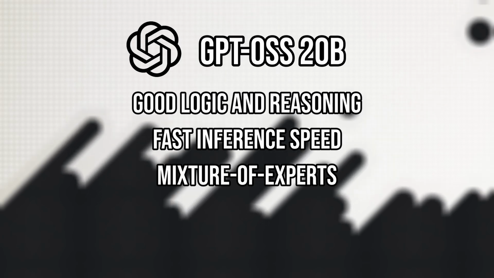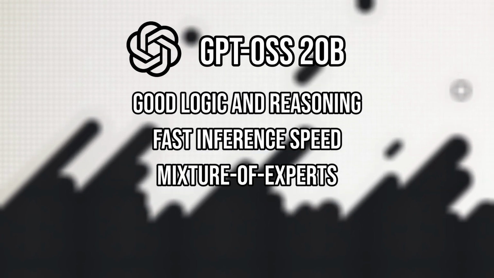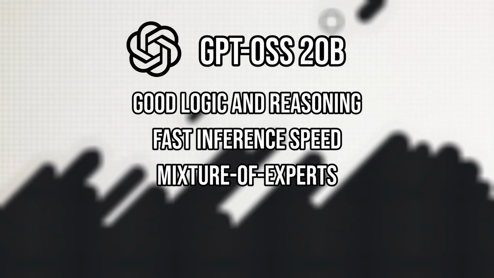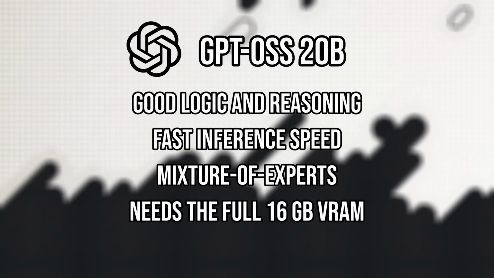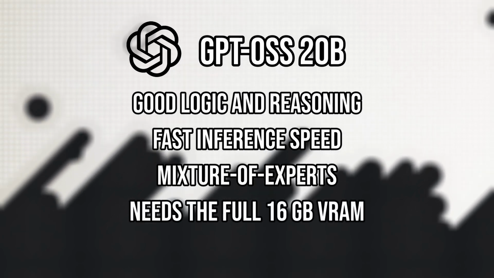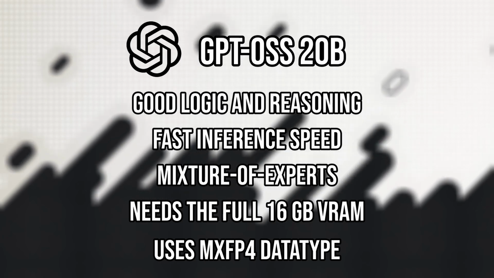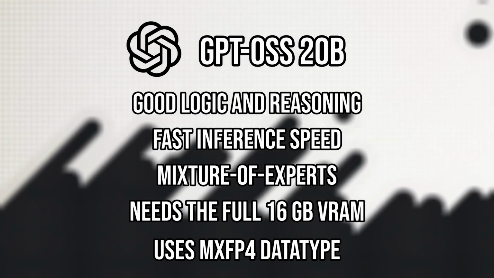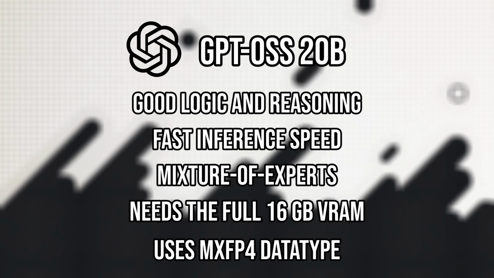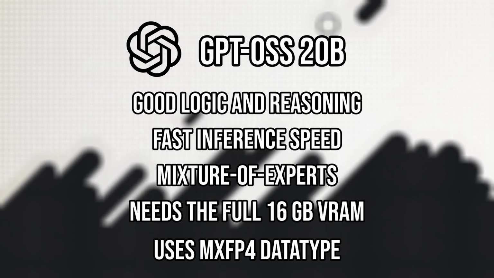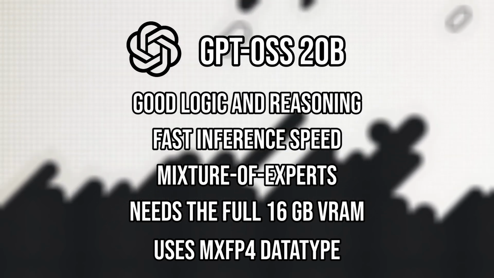For example, you can have one mathematician, one psychologist, and other models. But it also needs the full 16 GB and it uses MXFP for data type. This is a new data type developed with Apple, and it's not always supported everywhere, especially not on older devices.